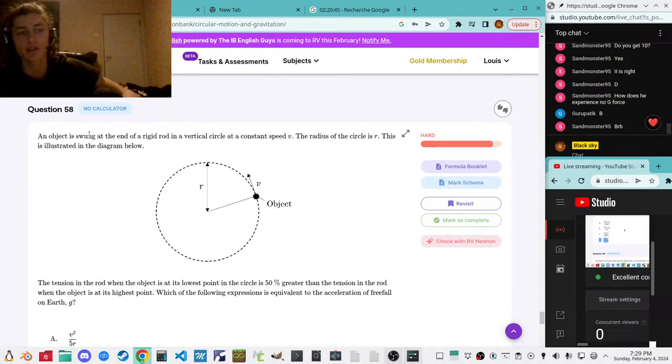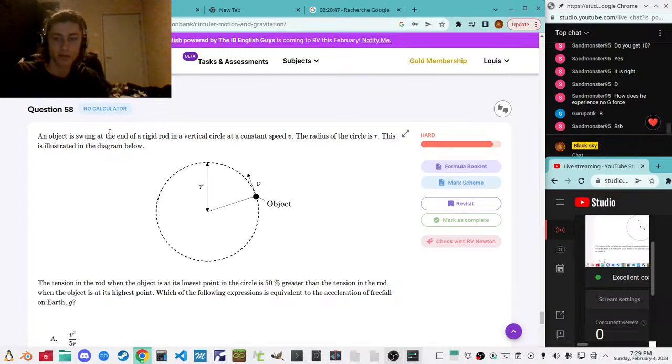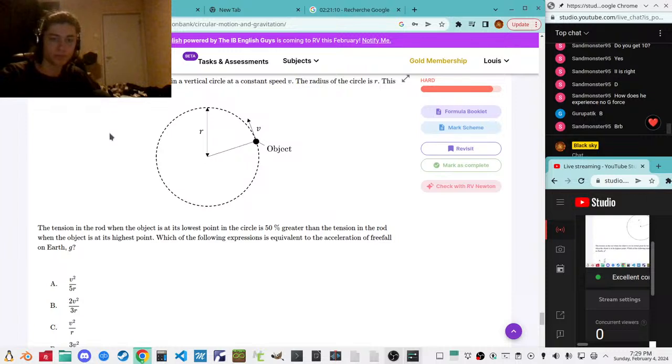An object is swung at the end of a rigid rod in a vertical circle at a constant speed v. The radius of the circle is r.